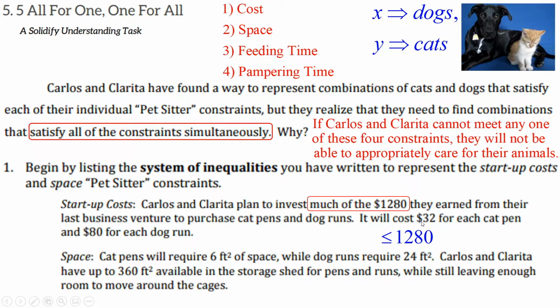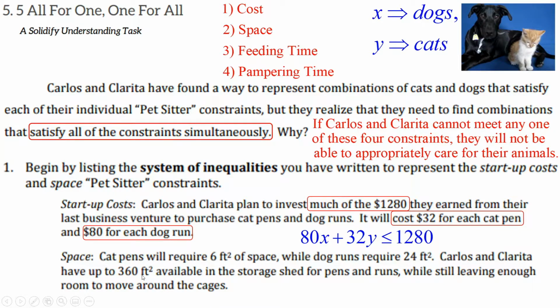It will cost $32 for each cat pen. So that's 32 times y, the number of cat pens, plus, and how much do those dog runs cost? $80 for each dog run, so plus 80 times x, the number of dog runs, plus 80x. And there is our inequality in standard form for the cost constraint.